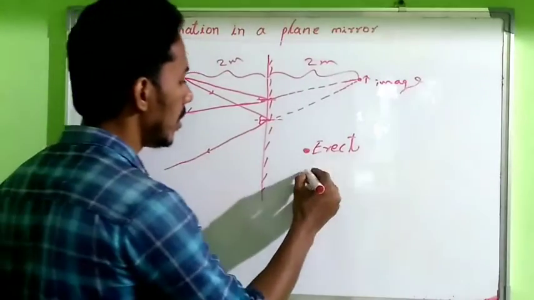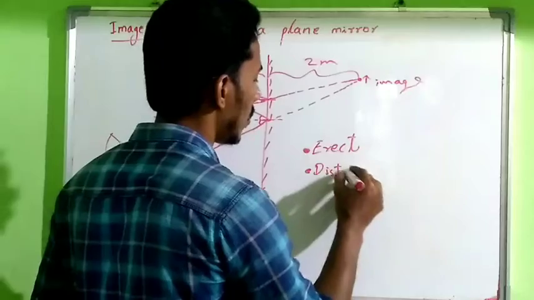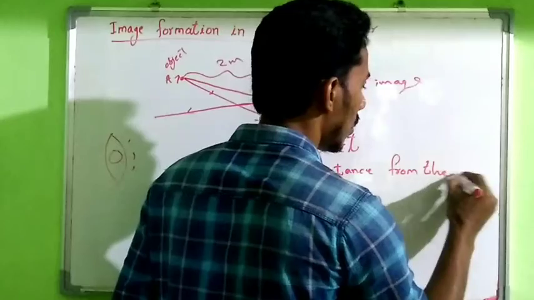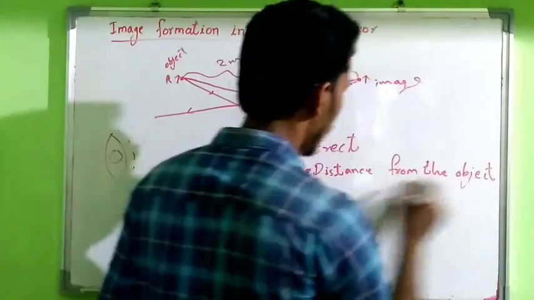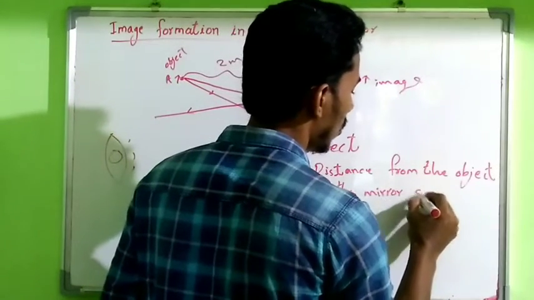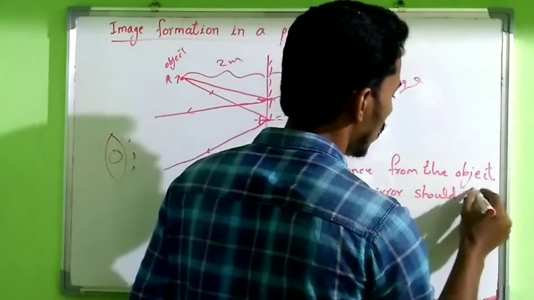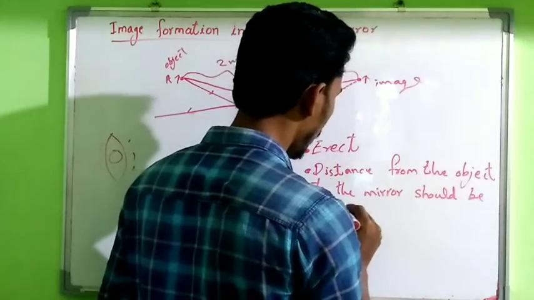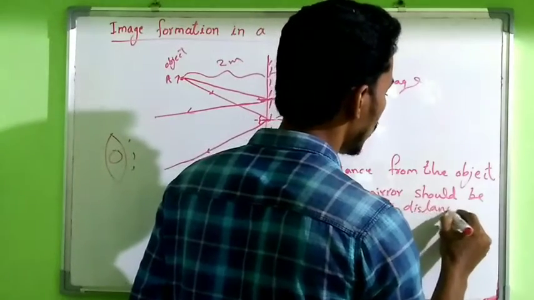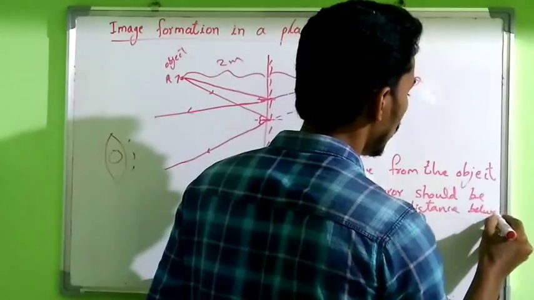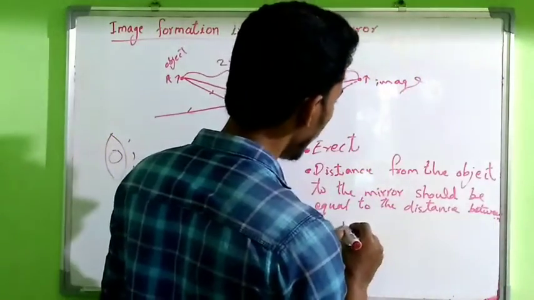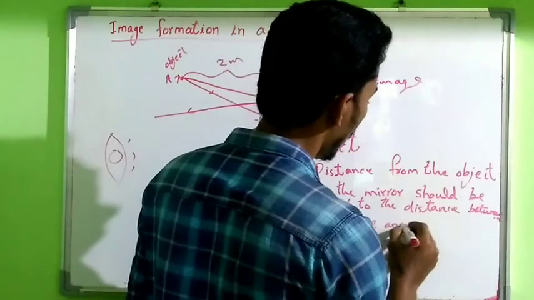The distance from the object to the mirror should be equal to the distance between the image and the mirror.